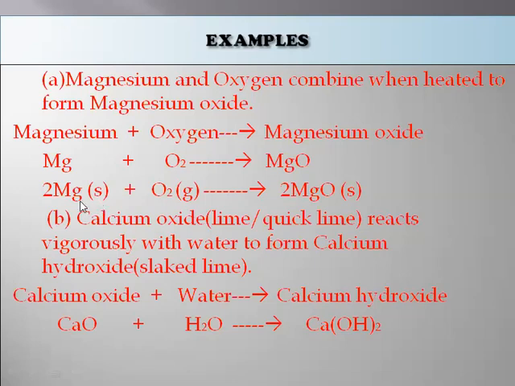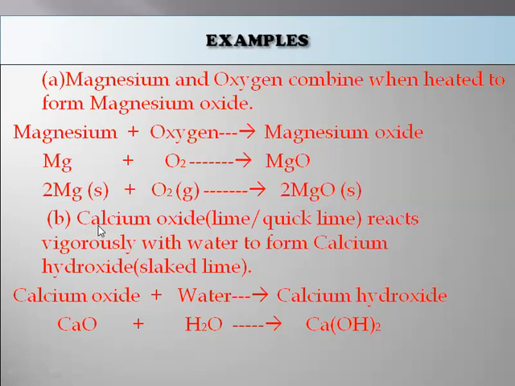Solid state of magnesium undergoes the change, hence we specify S. Oxygen is a gas, so we specify it as G, and the product is magnesium oxide, a white ash, so we can mention it as S to make the formula equation, which is also balanced, more informative.